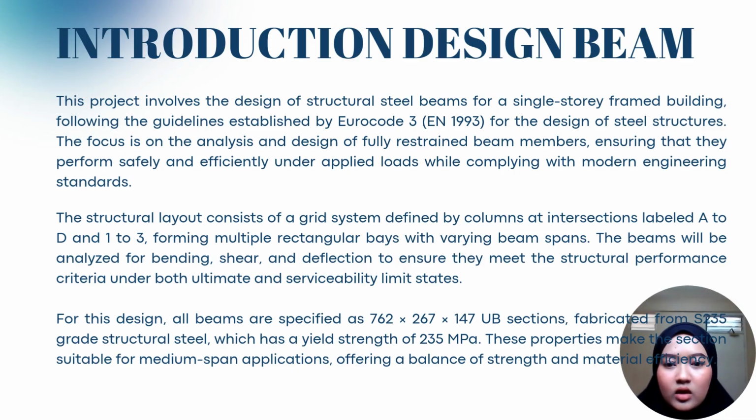For the design, all beams are specified as 762 x 267 x 147 UB sections, fabricated from grade structural steel which has a yield strength of 235 MPa. These properties make it suitable for medium span applications, offering a balance of strength and material.